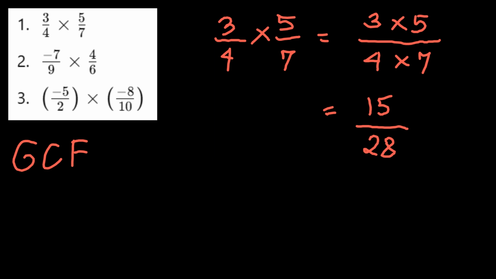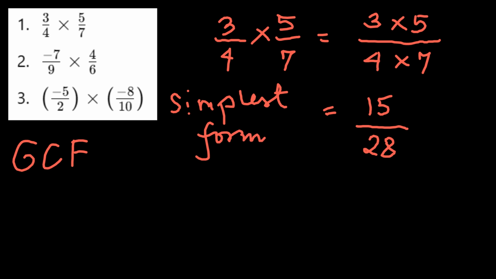It is used to simplify fractions by dividing both the numerator and the denominator by their GCF, resulting in a fraction in its simplest form. So we must be able to express our resulting fraction in its simplest form.